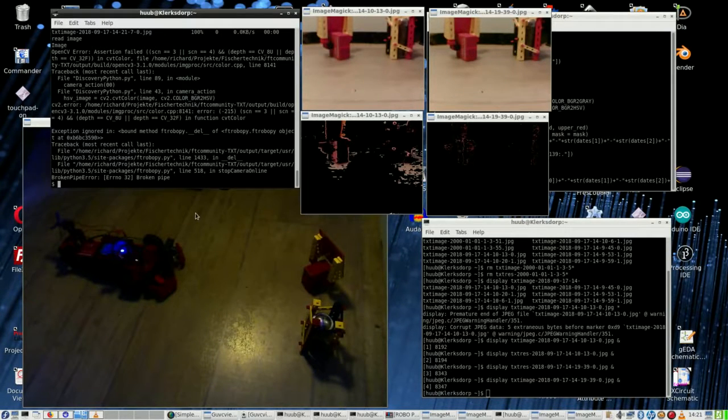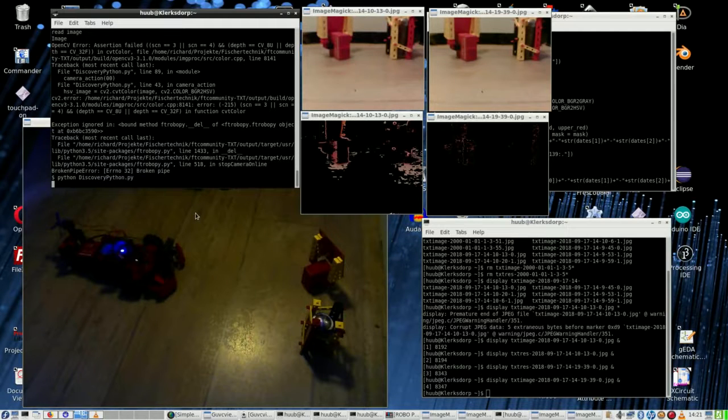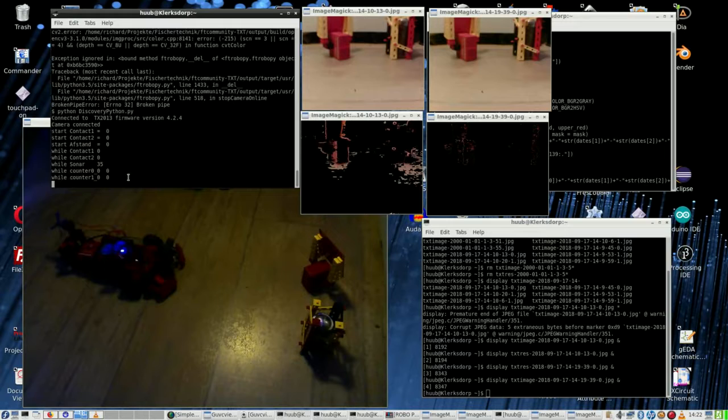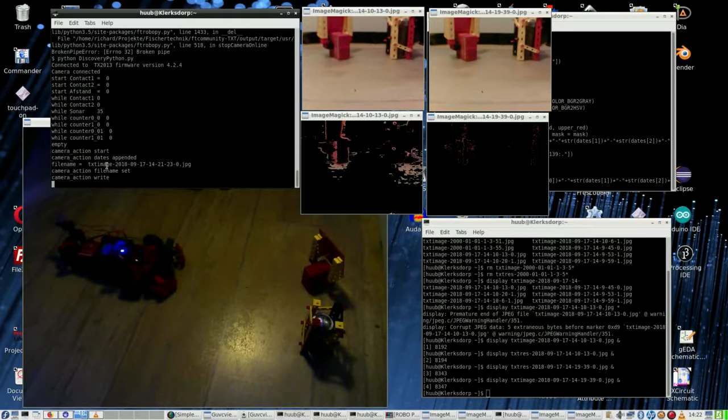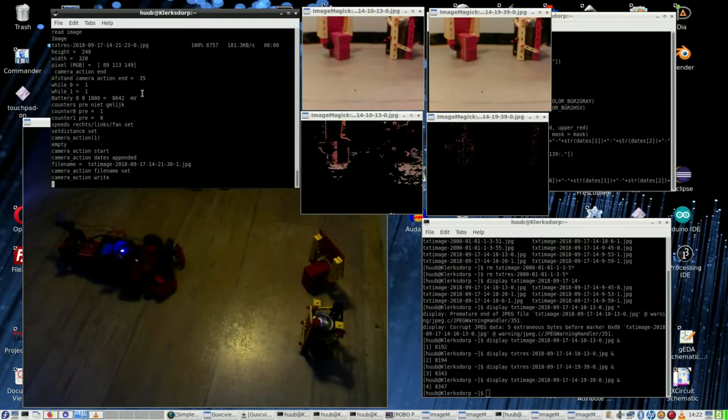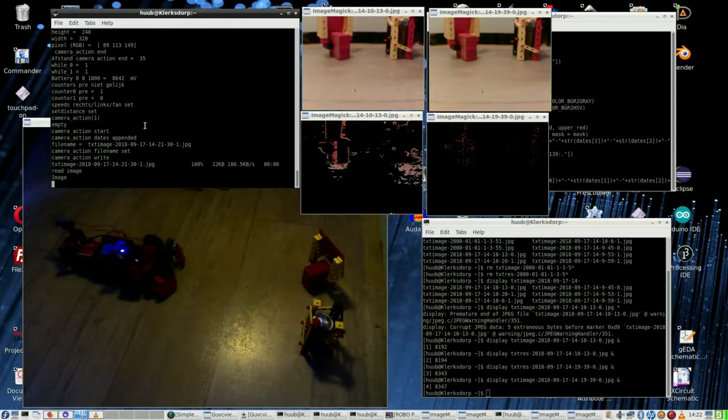Broken pipe. Okay, hold on. I need to check the battery voltage. It has 35 centimeters, 8.6 volts. Okay.